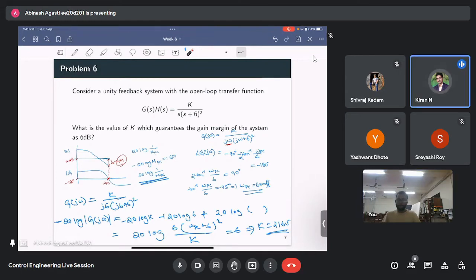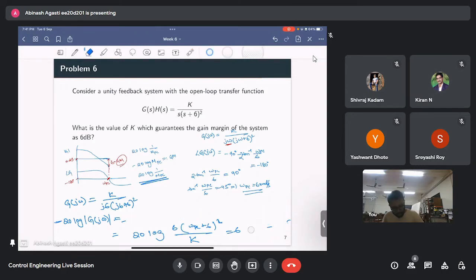So can you repeat once again? Okay. Yeah, so someone help me find out this value.